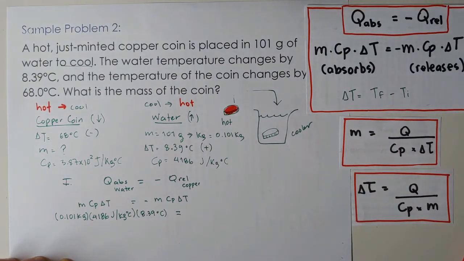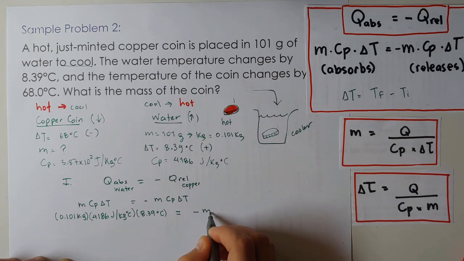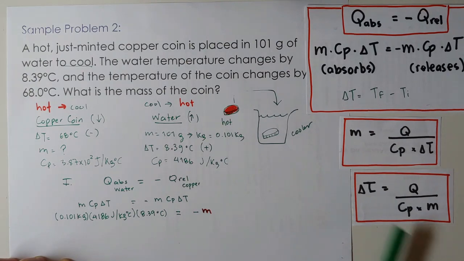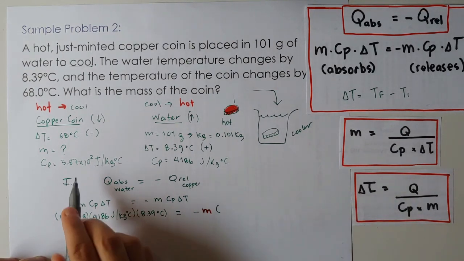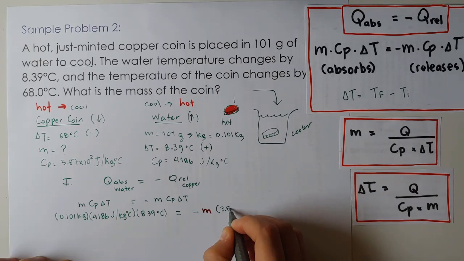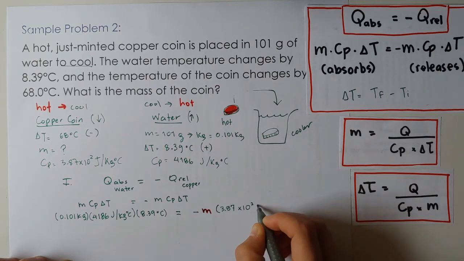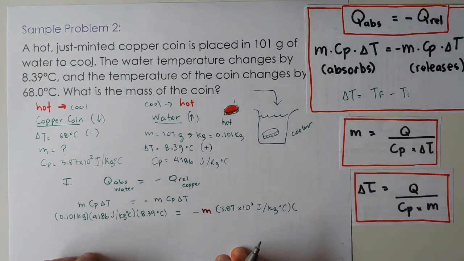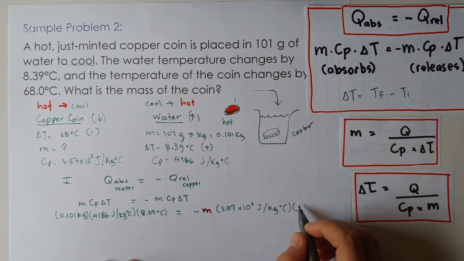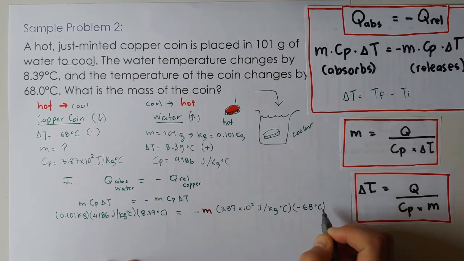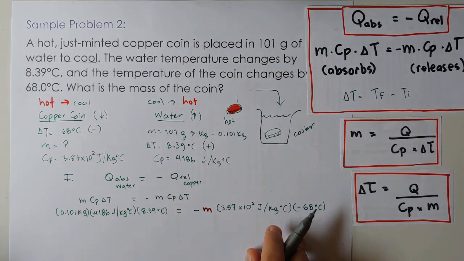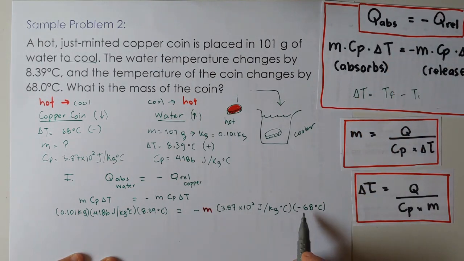This is equal to the other side, that is negative the mass, which is my unknown, times my specific heat capacity of copper, 3.87 times 10 to the second power joules over kilogram Celsius, times my change in temperature of copper, negative 68 degrees Celsius. Again, this negative is because the copper coin gets cooler, so it loses temperature. As it loses temperature, the change in temperature is negative.